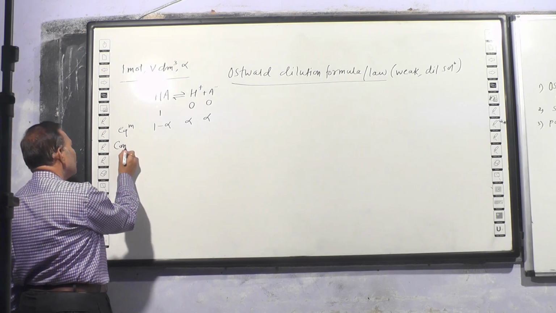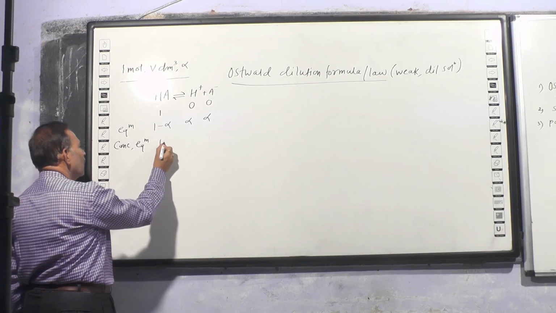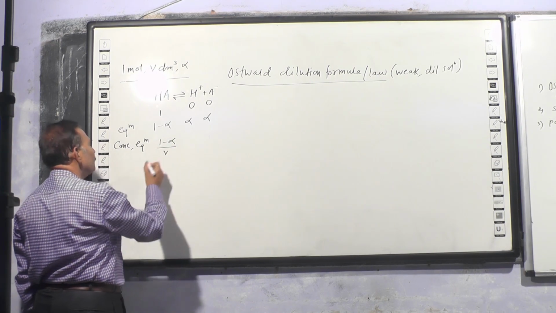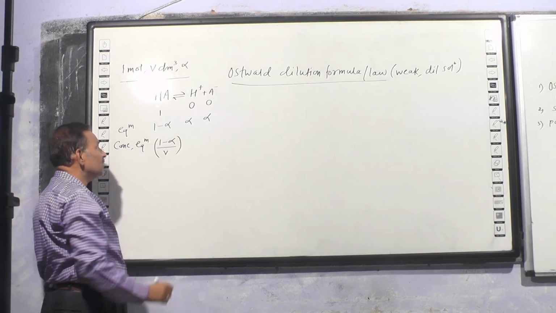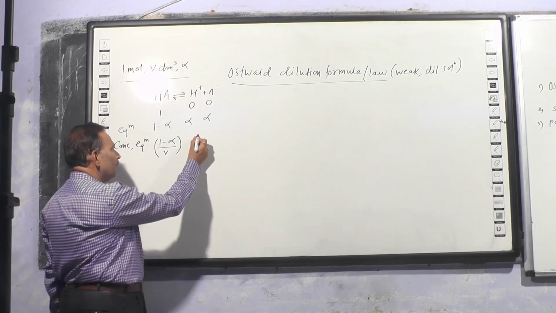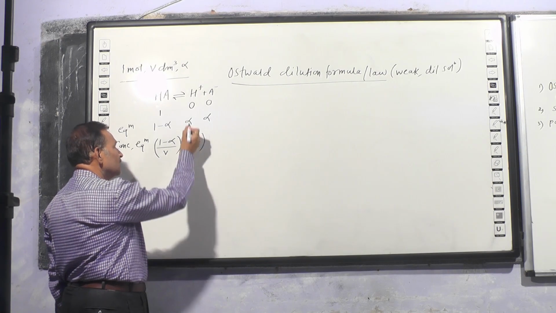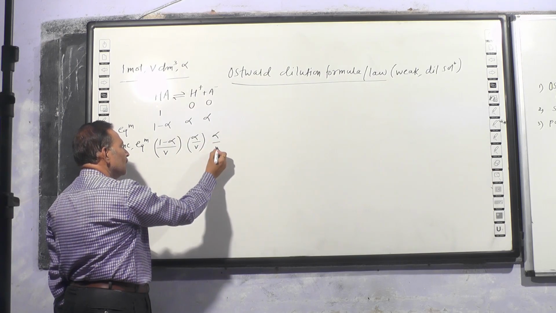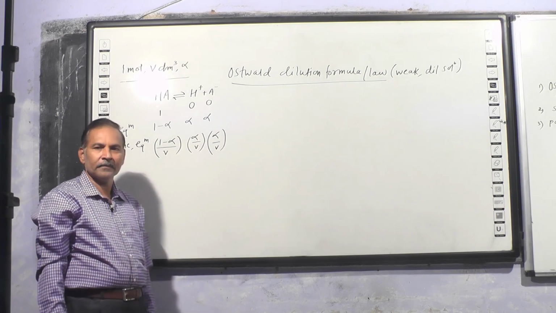If we calculate the concentration at equilibrium, 1 minus alpha moles are present in V dm cube of solvent. So (1 minus alpha) by V mole per dm cube is the concentration of HA. Alpha divided by V mole per dm cube is the concentration of H plus, and alpha by V mole per liter is the concentration of A minus.